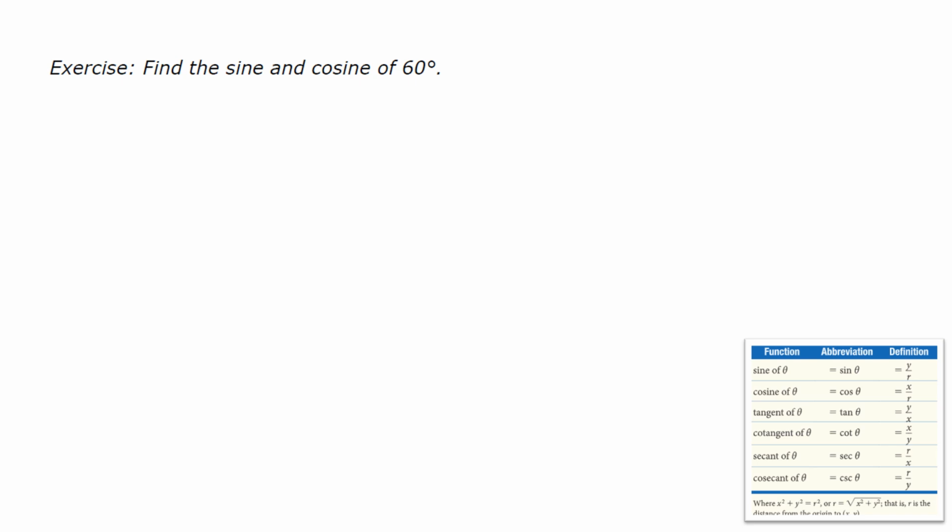So let's start off with our coordinate plane. We'll just use the first quadrant here. We have a 60-degree angle for theta, and we need a point on the terminal side.